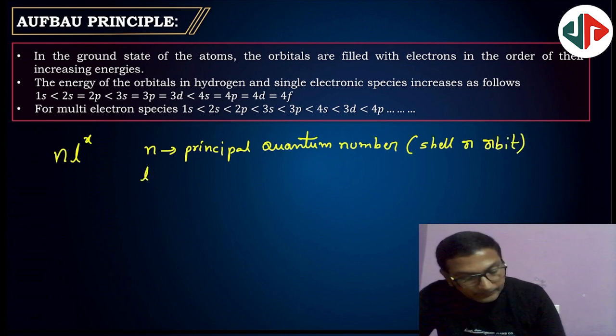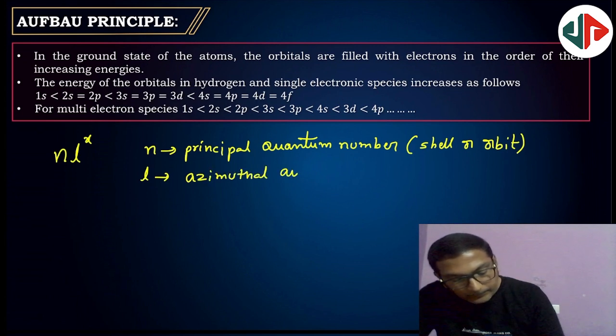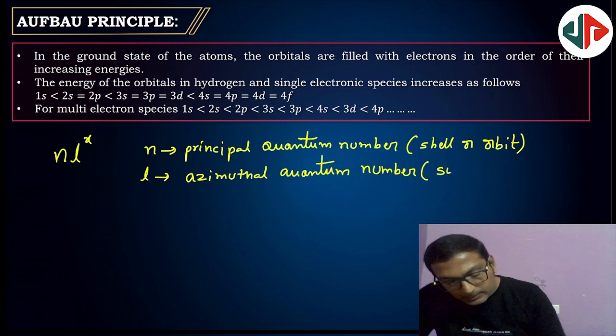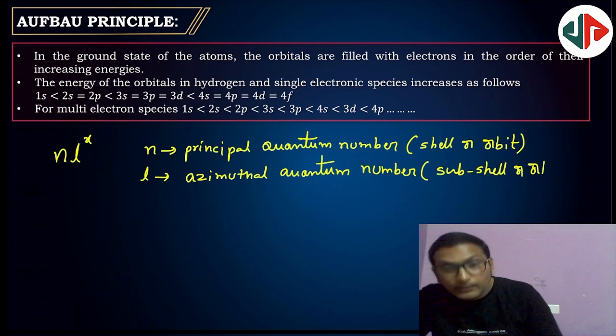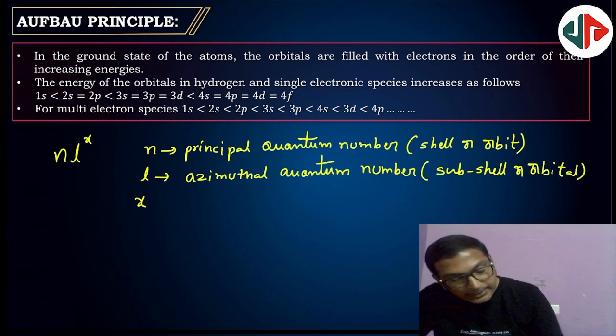Next, L, azimuthal quantum number, subshell or orbital. And x indicates number of electrons.